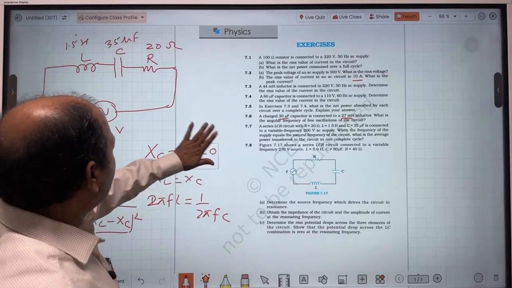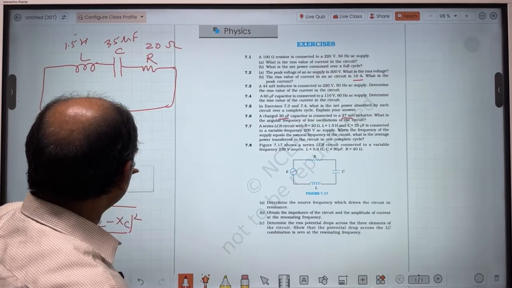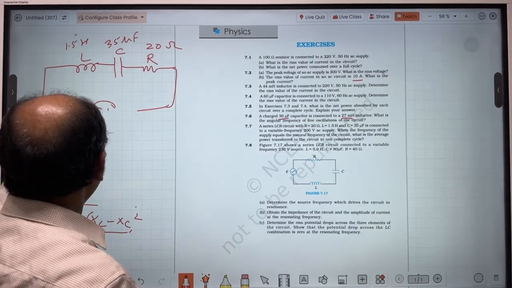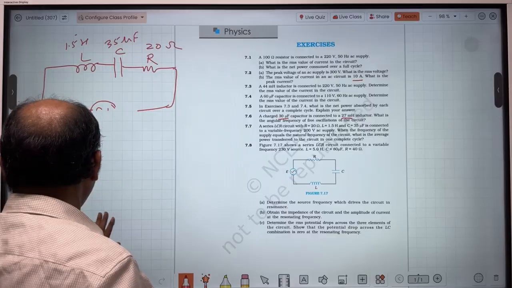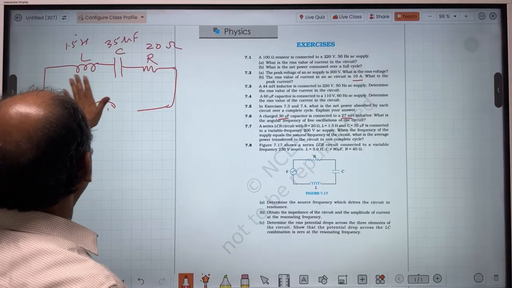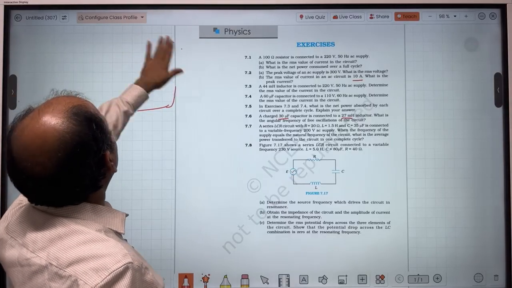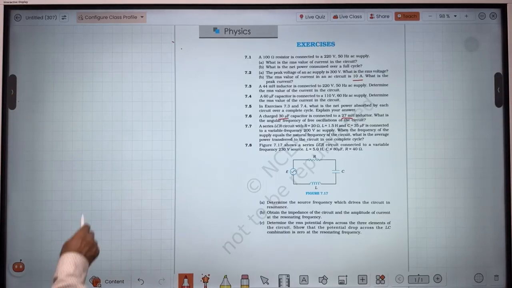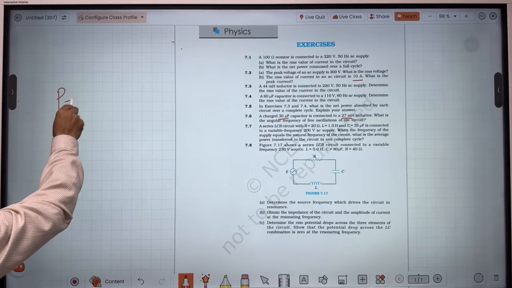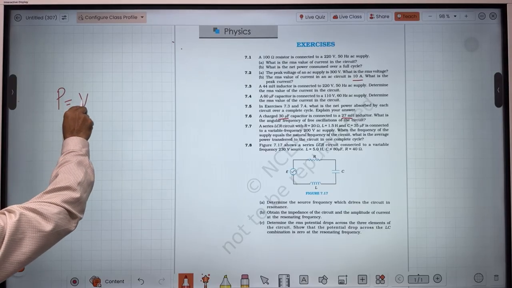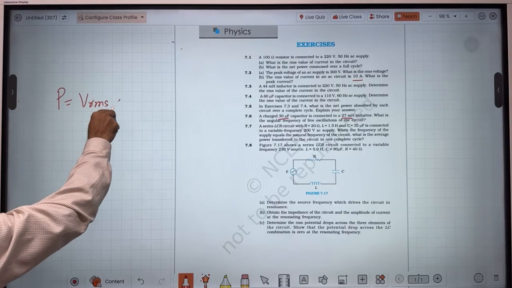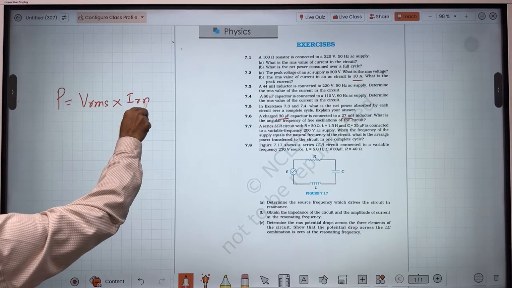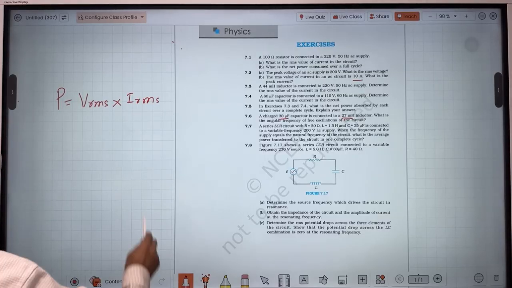So let's try to find out the value. Power consumed, P, will be equal to Vrms into Irms, correct?